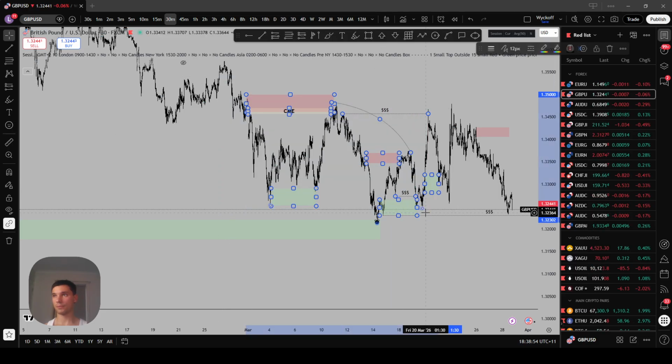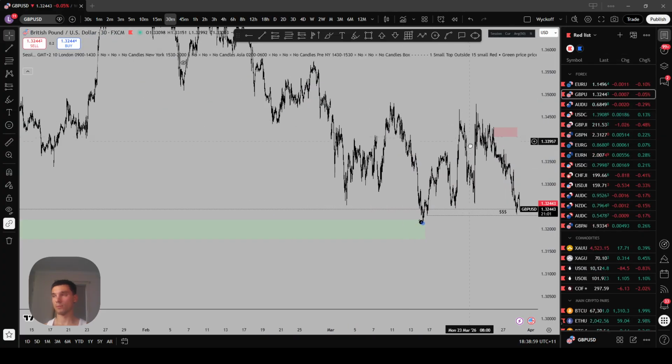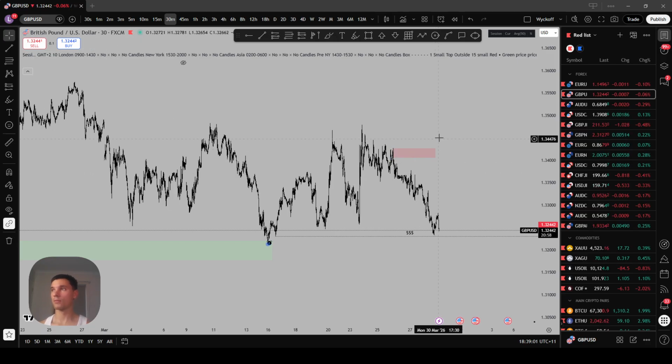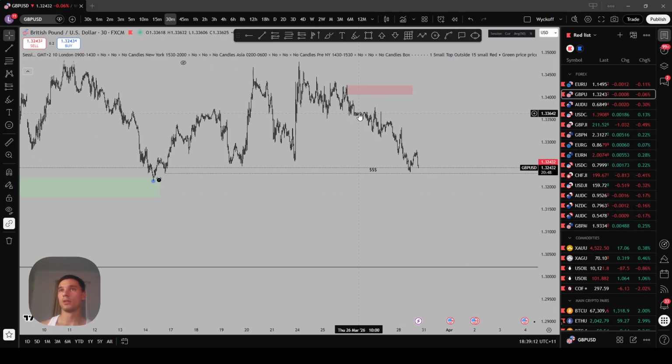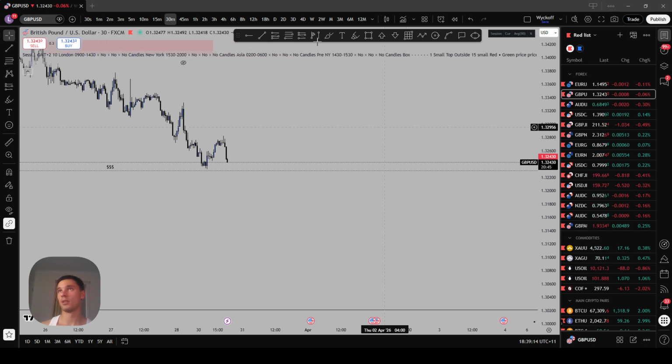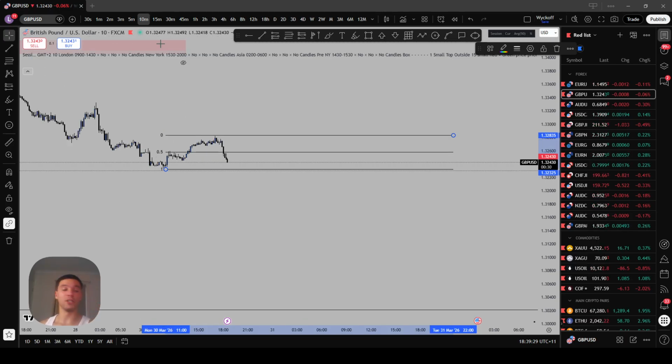Clean this up a little bit. Yeah, I'm not. This can be a range, a potential range, but I need to see a lot smoother of a return to zone forming, from an accumulative perspective.